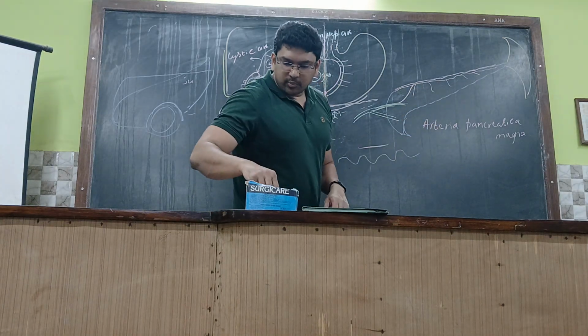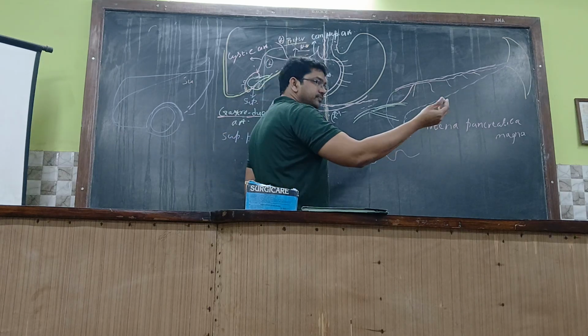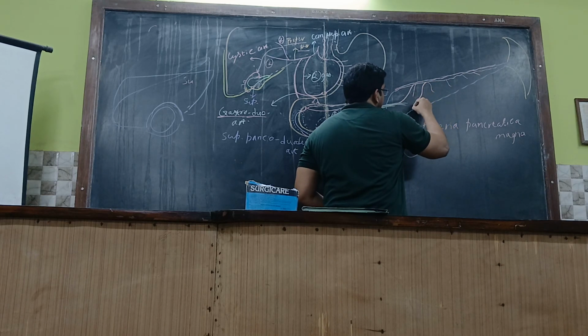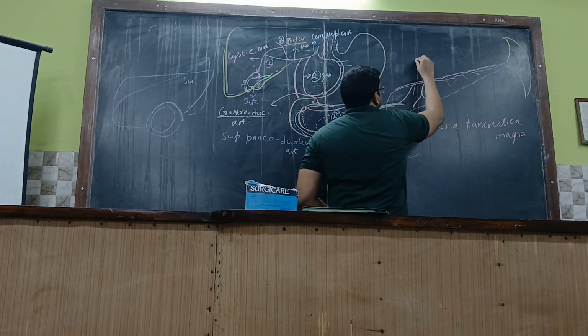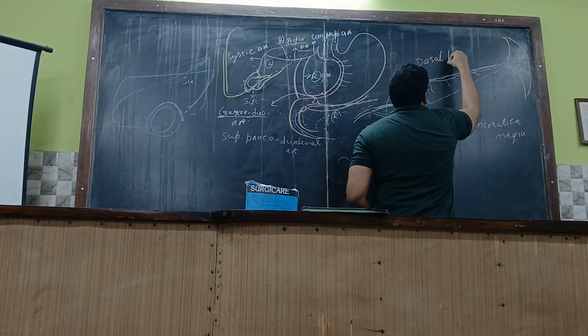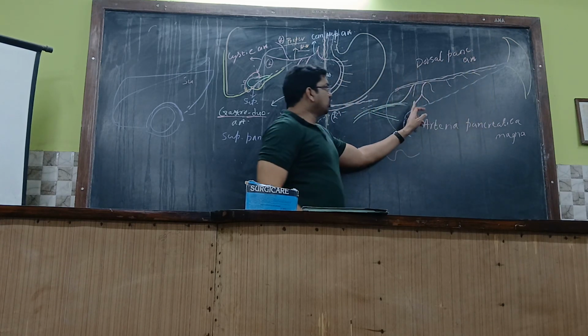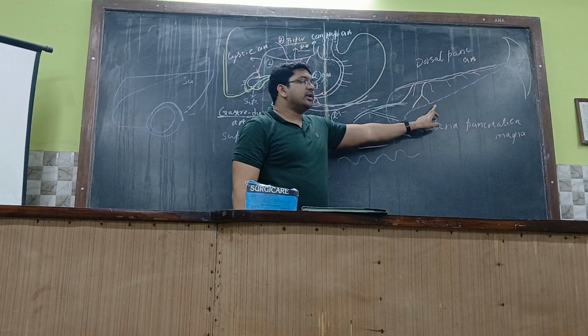Okay. And one more branch, the dorsal pancreatic artery, will be divided into two branches. One is the right branch and one is the left branch.